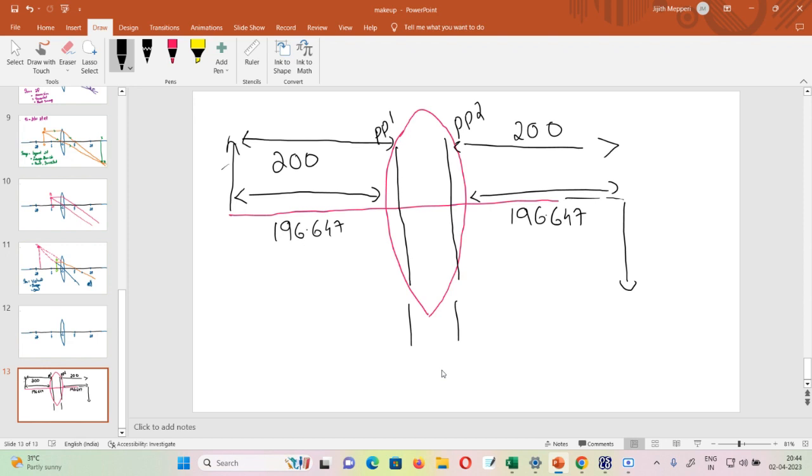This is because we took a symmetrical lens. That's why these two distances are coming, and this 2f distance we chose as our setting. But you can exactly see that this is 200 and this is 196. There's a 4 mm difference between your principal plane position and the surface of the lens. So the principal planes are sitting inside the lens. Based on that, this effective focal length is calculated.